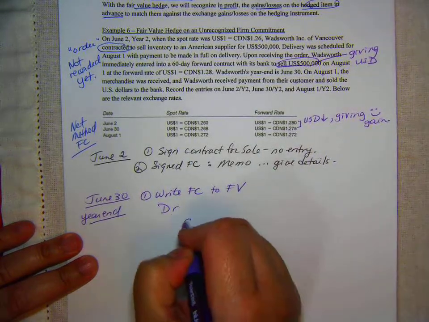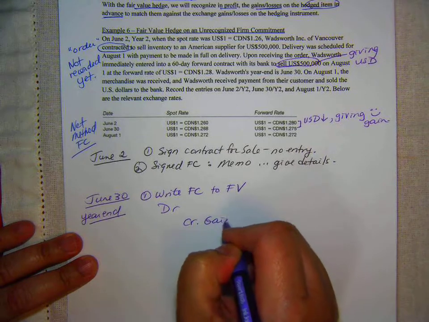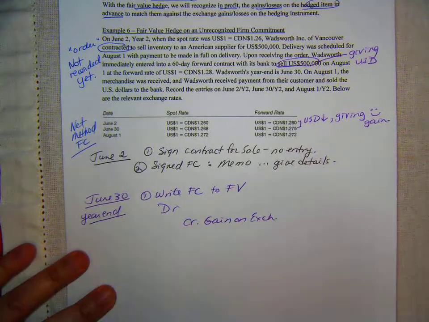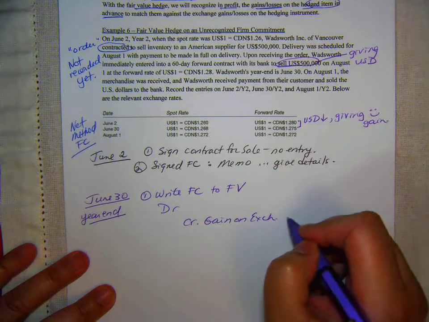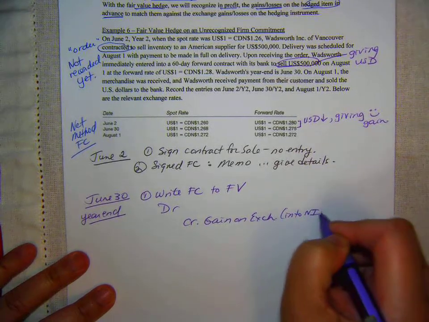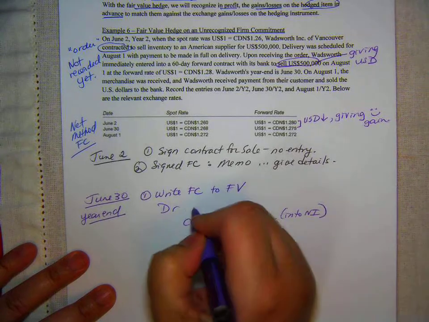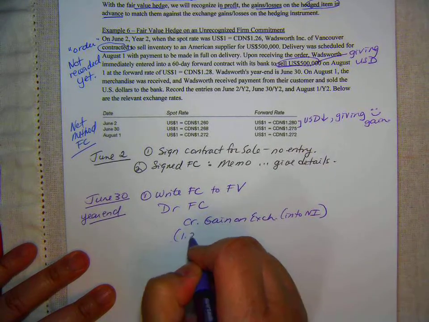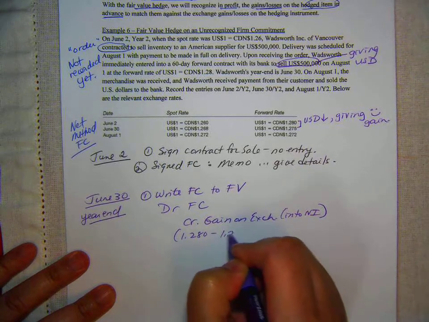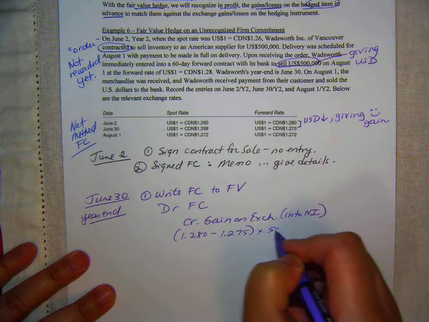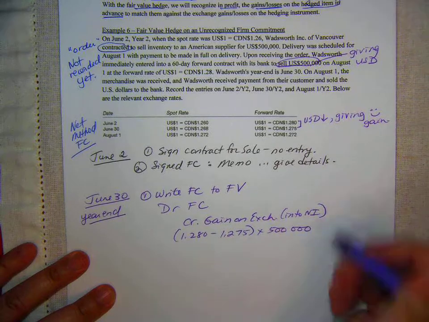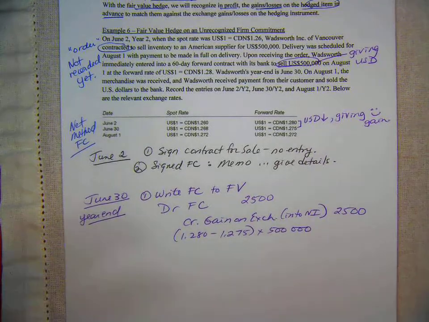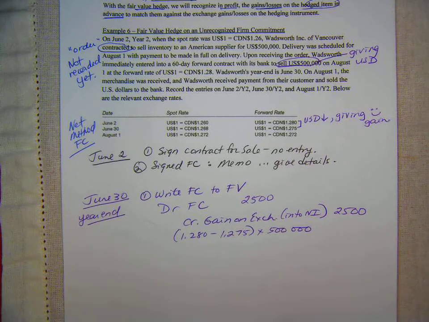So we credit gain on exchange, but this time there's no OCI. It goes into net income. And debit forward contract. And the calculation's the same. 1.280 minus 1.275 times the 500,000, which is 2,500. So that's no different.